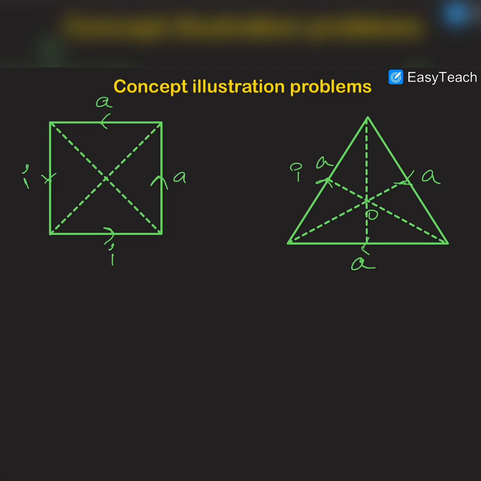So we have to find out the magnetic field at the geometrical centers of these two figures, and it is given that current is flowing through the complete frame, which is I. The length of each side is A.